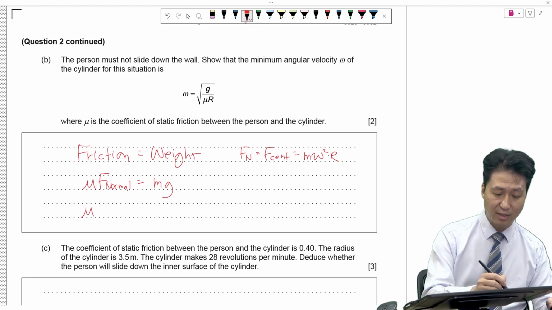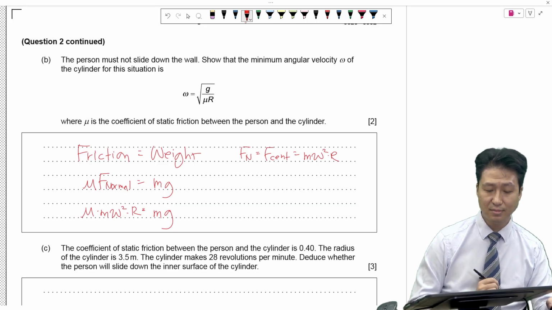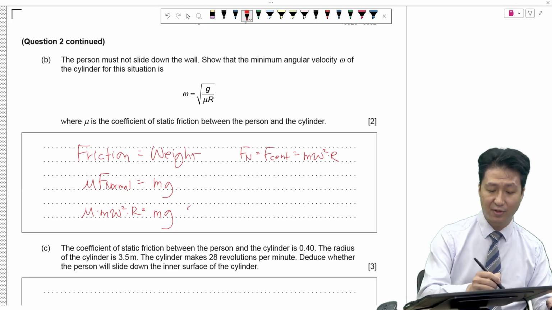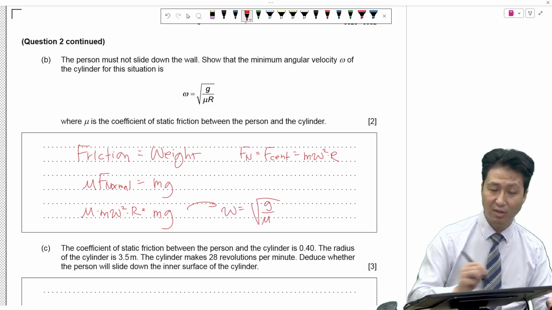So let's substitute that. Friction coefficient times the mass times the angular velocity squared times the radius of the cylinder is equal to mg. Simplifying for omega, the angular velocity, you get omega is equal to the square root of gravitational acceleration divided by mu r.